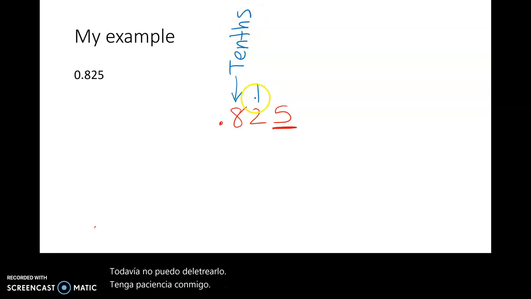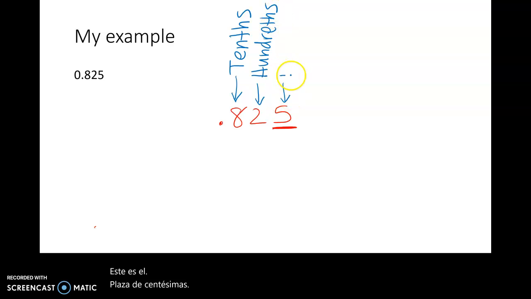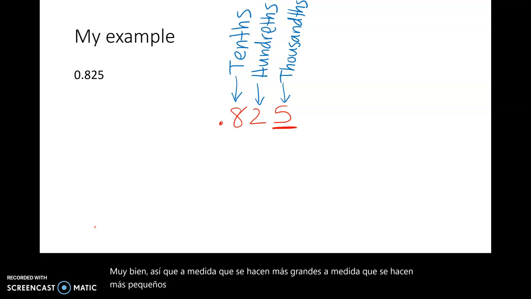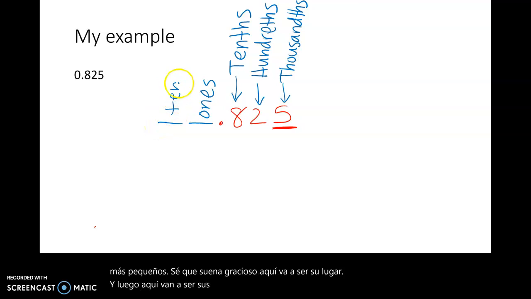This one is the hundredths place, and this one is the thousandths place. As the numbers get smaller they go this way. Over here is going to be your ones place, and then over here your tens place, and here is your hundreds place.